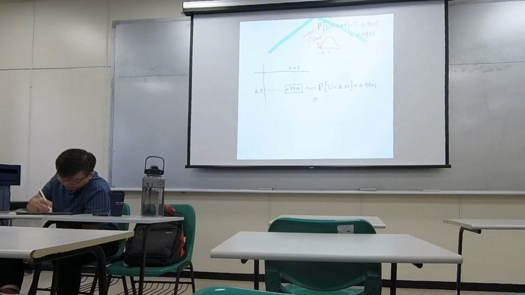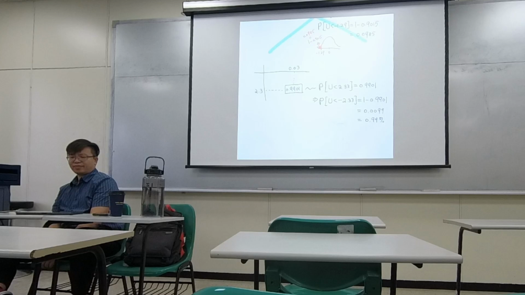So, which implies U smaller than negative 2.33 equals 1 minus 0.9901, which is 0.0099. That is 0.99%, right? Which is good because this is smaller than 1. I was looking for 1%.